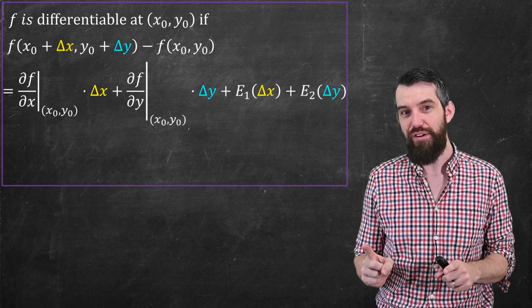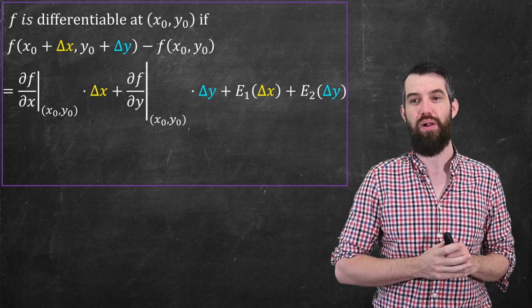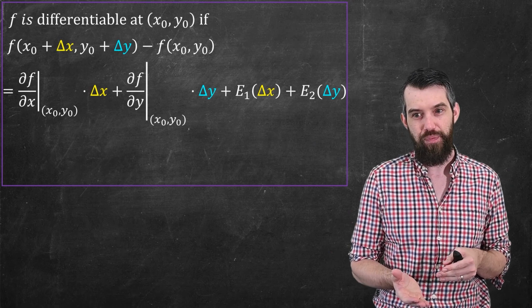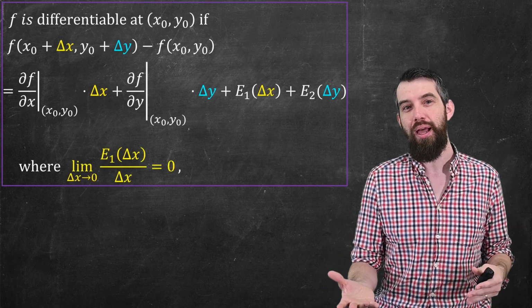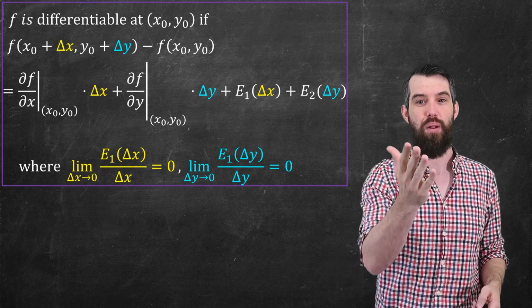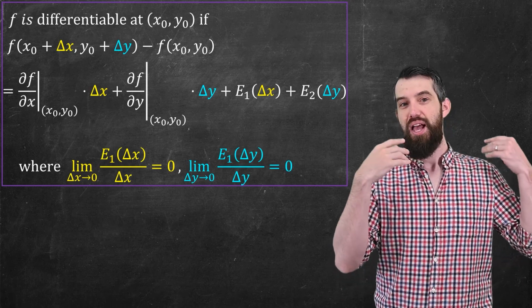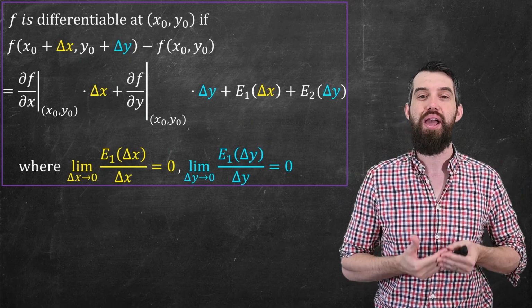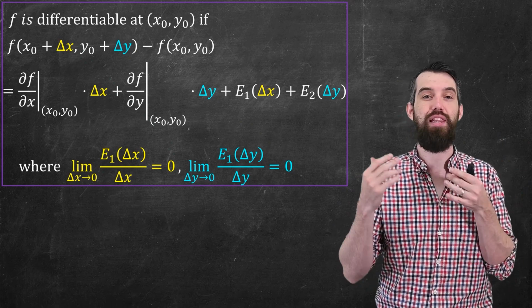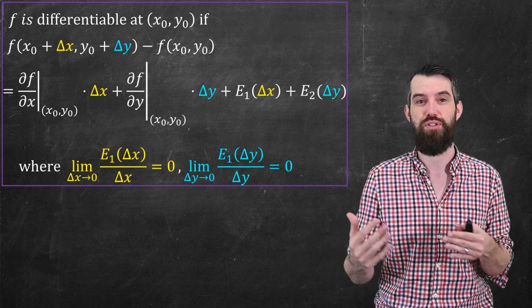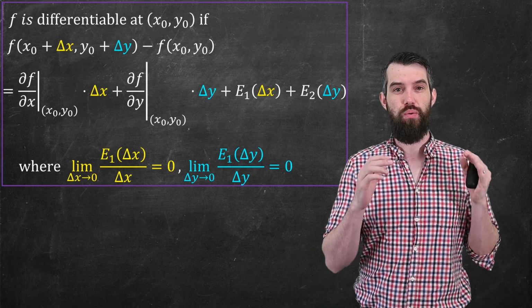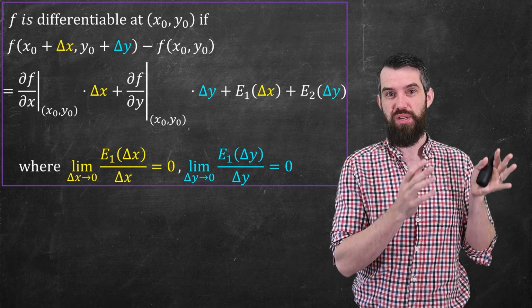I will now formally define that f is differentiable at some point if this long expression that I have is true and the errors are appropriately small. In other words, I need to say that the limit of E1 divided by delta x is 0 and that the limit of E2 divided by delta y is equal to 0. I need to have both of those things being true. So that is my definition of differentiability.